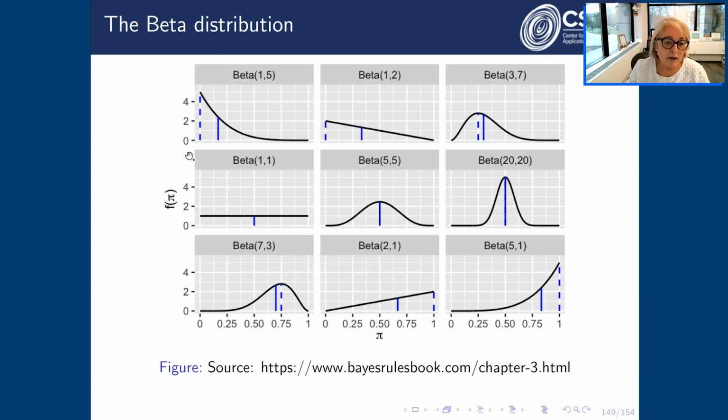If I don't have a clue, I could use this model over here. If I think that pi is somewhere in the middle, but I am not very certain, I could use this model over here, because here every value of pi, let's say between 0.2 and 0.8, is likely, and the only values that are unlikely are very, very high values or very, very low values, and so on and so forth. So this is a very flexible model that allows you to represent your knowledge, depending on the values you pick for the parameters.